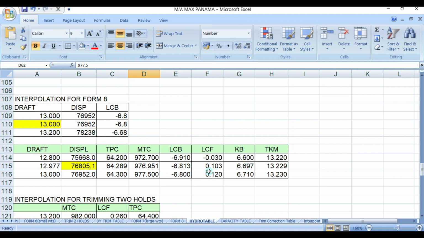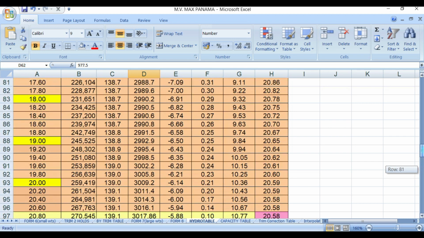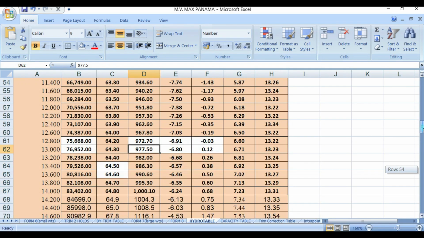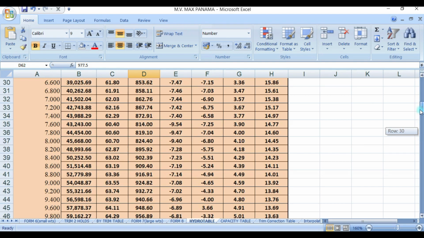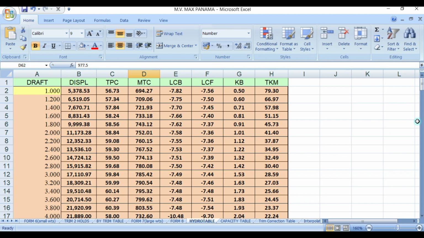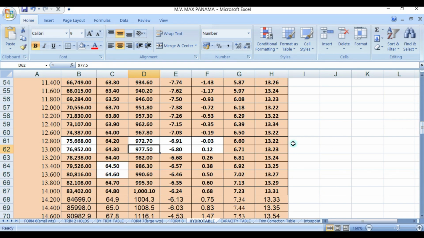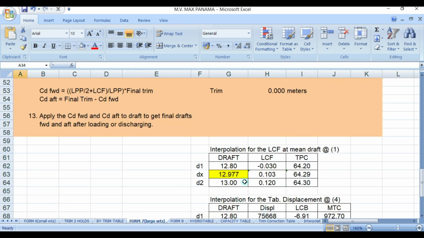It is in between 12.8 and 13 meters, so it is in between here. So you have to interpolate to get your LCF. Okay, it's 1.03, and we proceed.